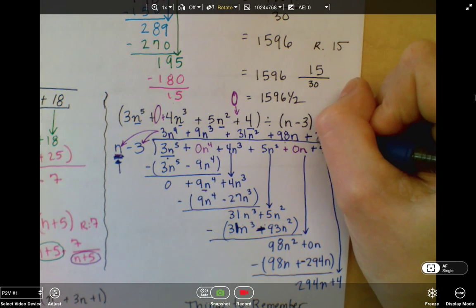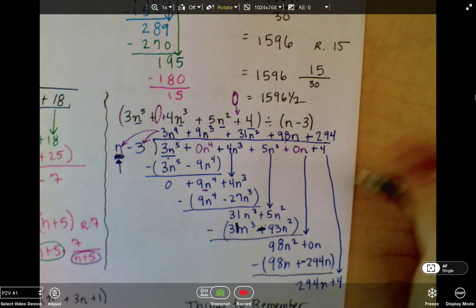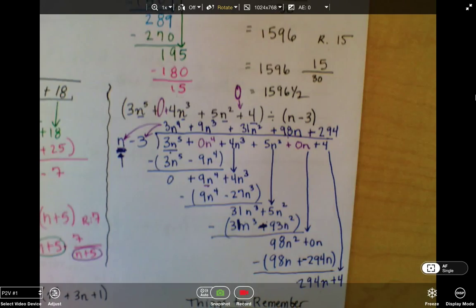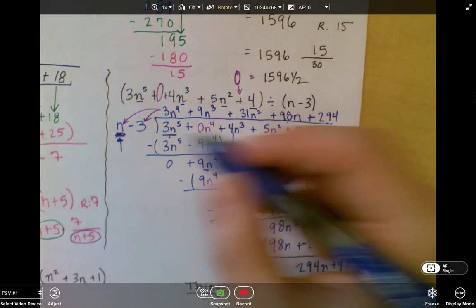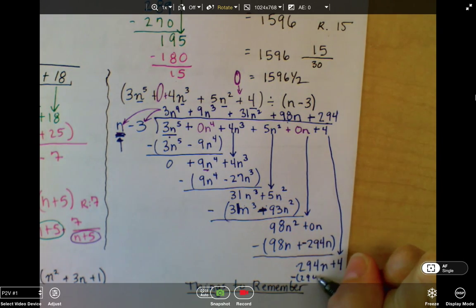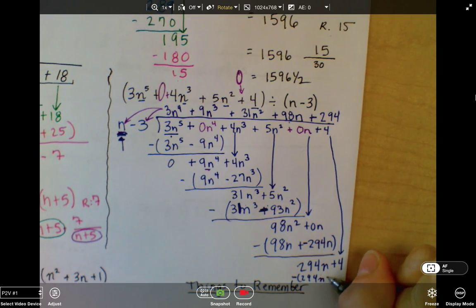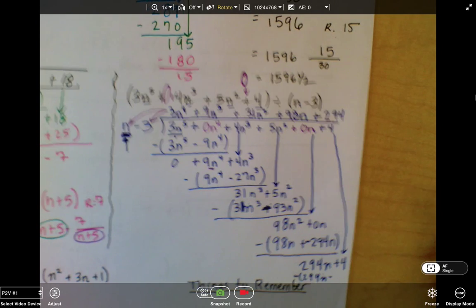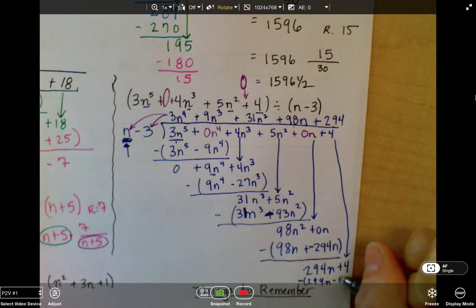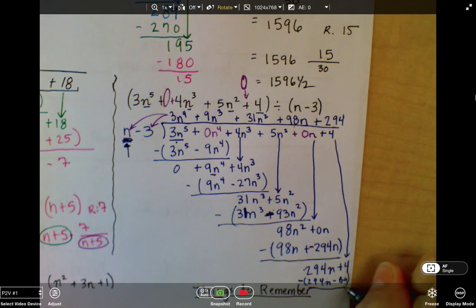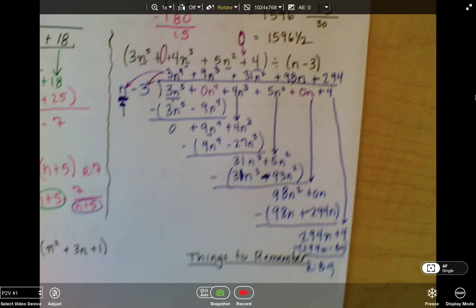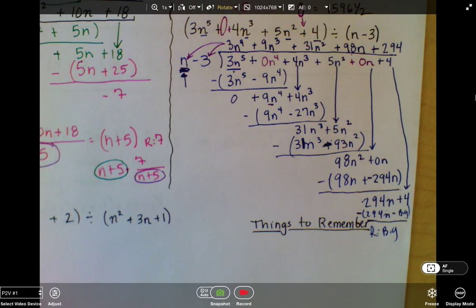Plus 294, because n goes into 294n 294 times. And then I would multiply that through, and I would subtract 294n minus 294 times 3, which is going to be, we'll just put big. And so we're going to have a big remainder. You guys can do the detail work there if you want to.